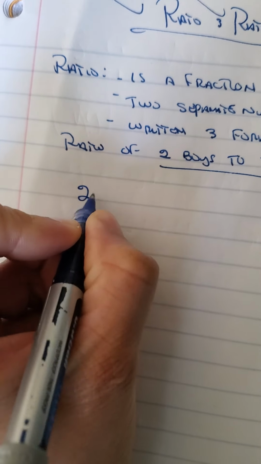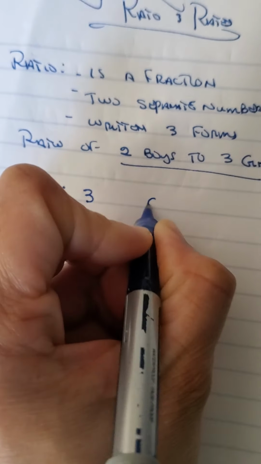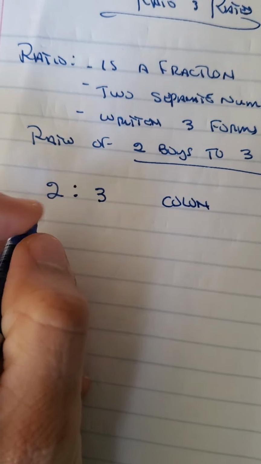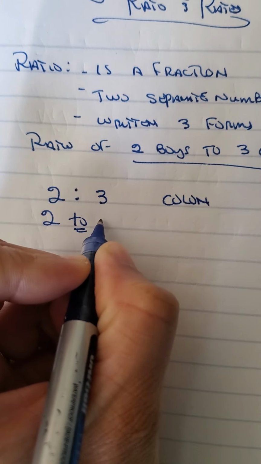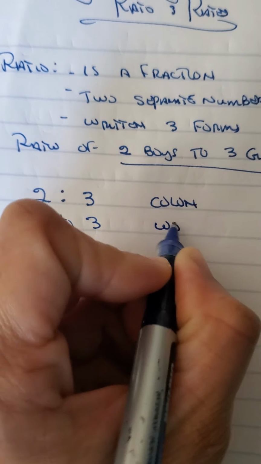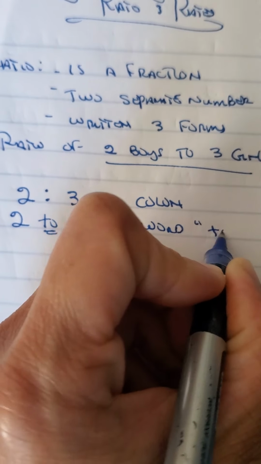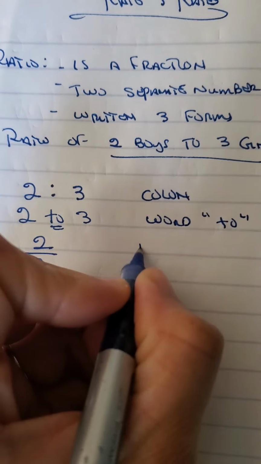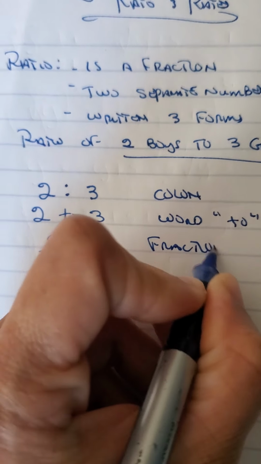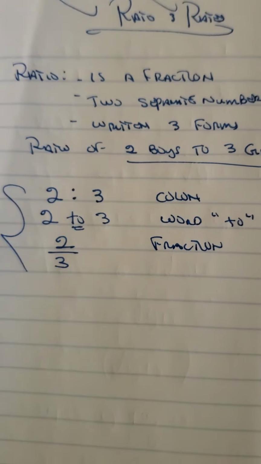So it'll be 2:3. So it's written with a colon, or it'll be 2, the word "to," 3, or it'll be 2/3, right? As a fraction.